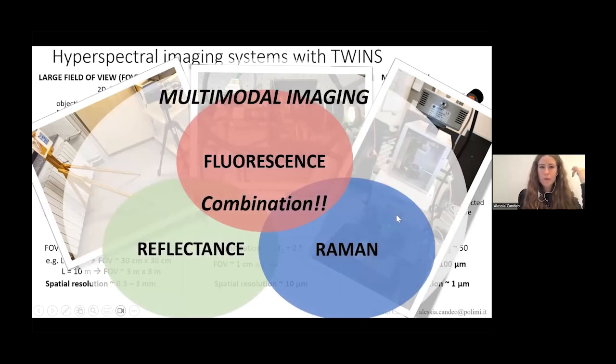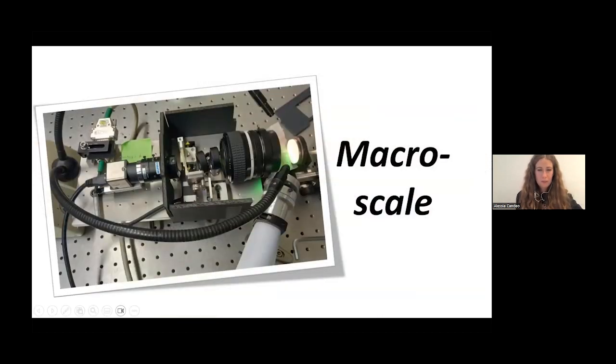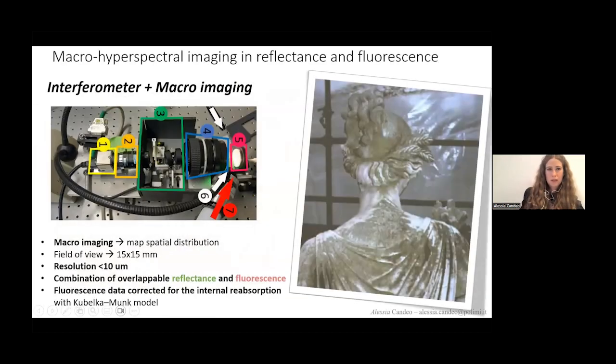What's more, we can also perform multimodal imaging, because with this system we can acquire fluorescence, reflectance, Raman signals, even transmitted light, and we can combine them overall to improve the understanding of the samples being acquired. I would like to start focusing a bit more on the macro scale implementation of this hyperspectral camera.